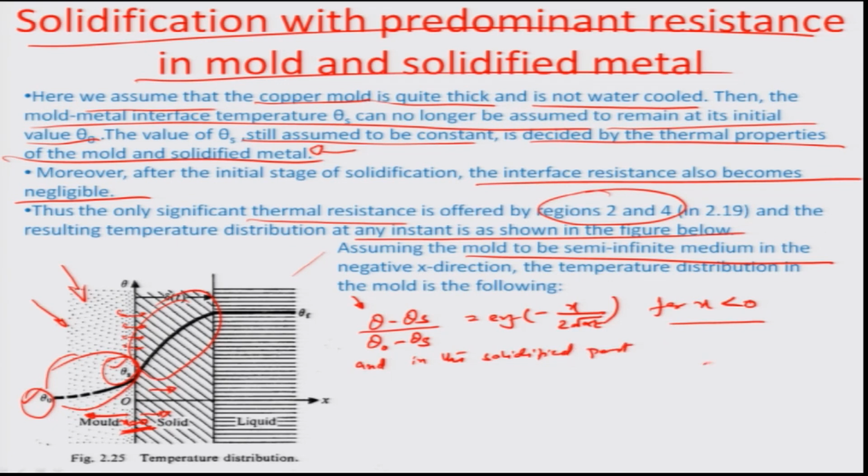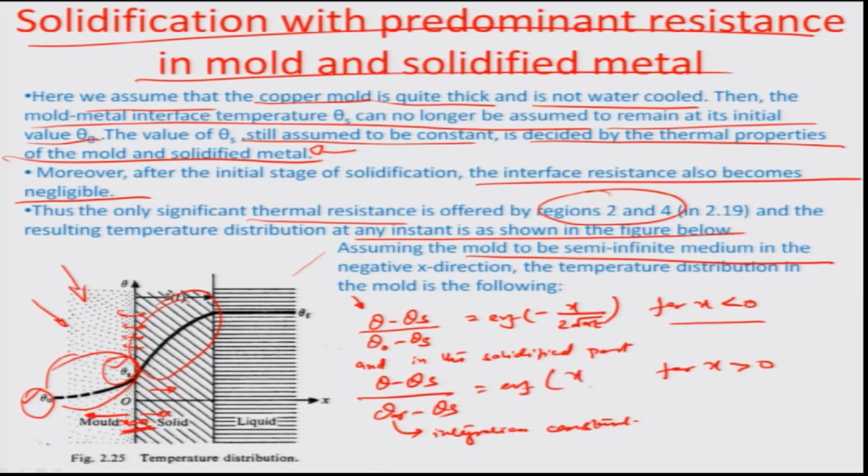that means for x greater than 0, the equation would change to theta minus theta s by theta infinity minus theta s. Again, this is an integration constant, just as what cropped up in the earlier cases, and this actually is equal to the error function of x divided by twice root of alpha s t, where alpha s is basically the thermal diffusivity of the solidified metal.